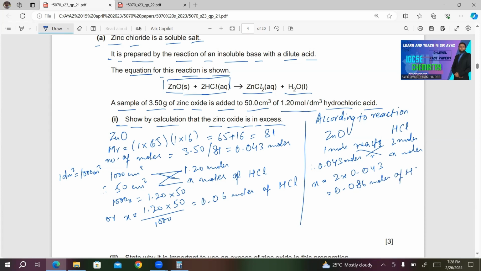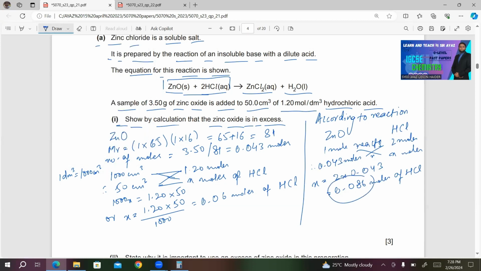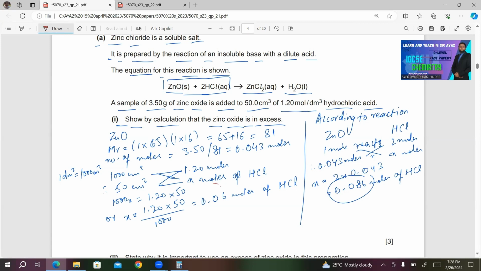Now compare these moles with the moles we have obtained. This mole is higher and these moles are lower, which means we need higher moles of HCl. So HCl must be the limiting reactant in this case.